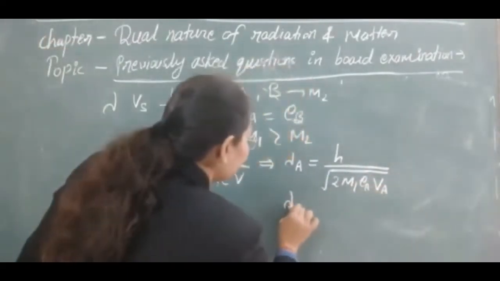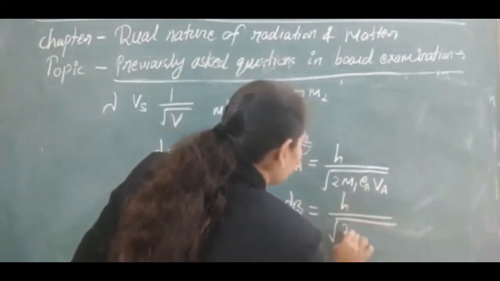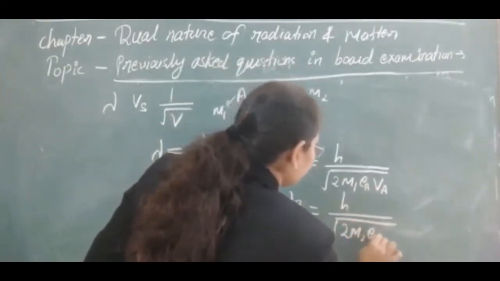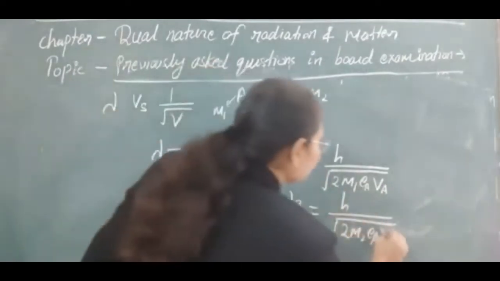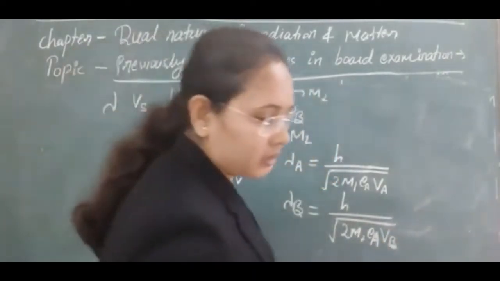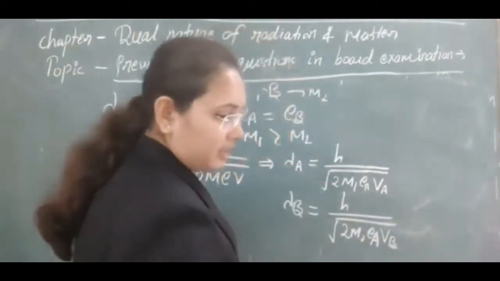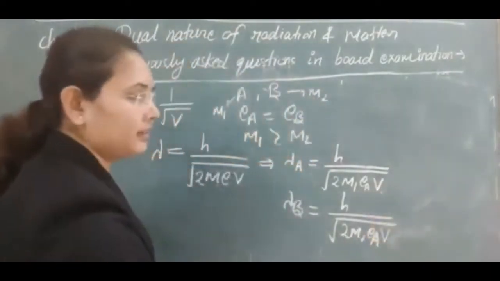Also for B, lambda B is equal to h upon root of 2m2 EB, or in place of EB you can write EA here. Clear? Here the potential is also the same, it is given. So if the potential is given as V, you can write it like this.